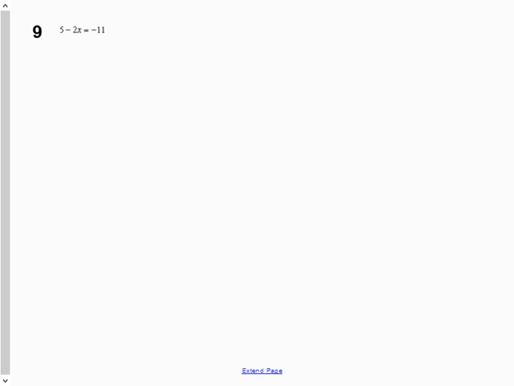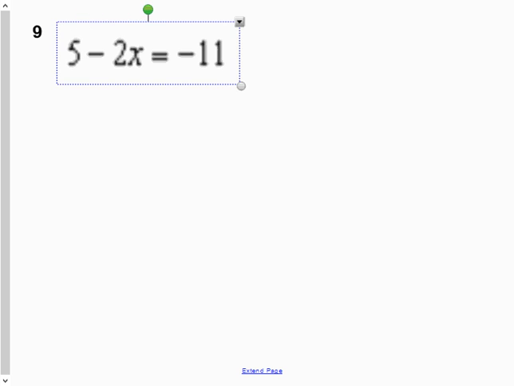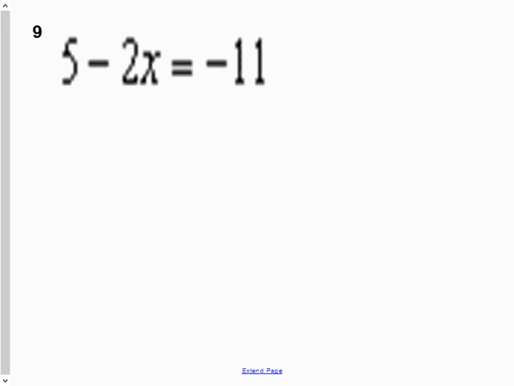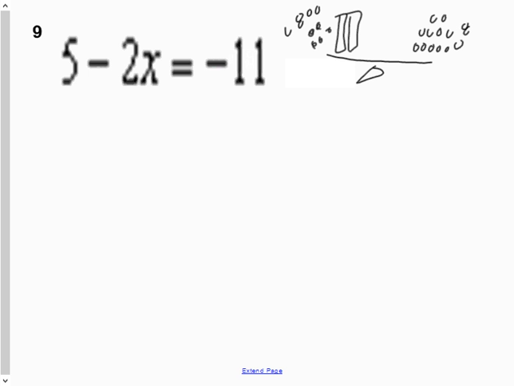Now in this question here, this is a little bit tricky because this time your constant is the first term. So if I was drawing this, I would have drawn a positive 5 and a negative 2x equals negative 11. Right, that's what the picture would look like. 5 minus 2x, or negative 2x, equals negative 11. So the first thing I'm going to do, I would add negative 5 to both sides to get rid of that positive 5.